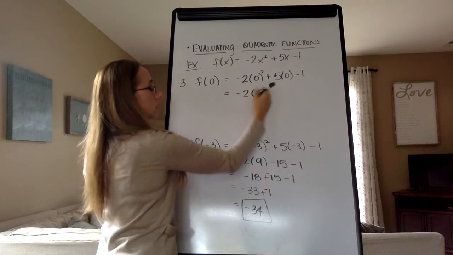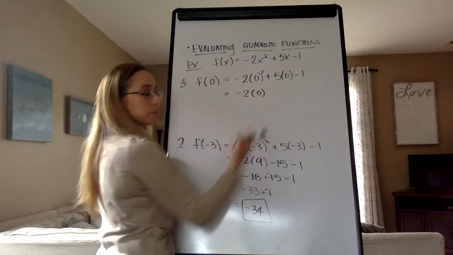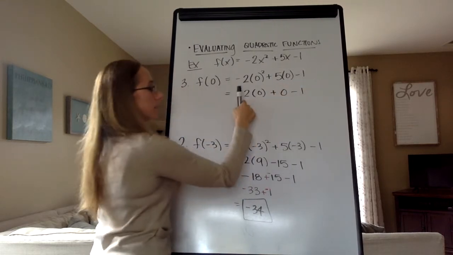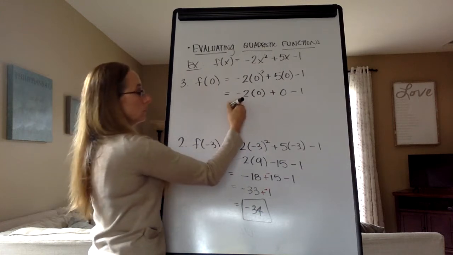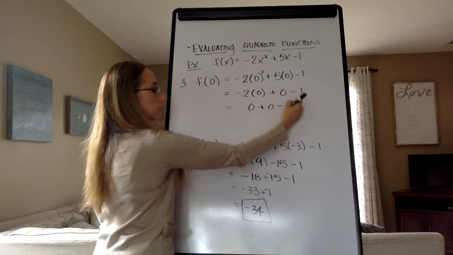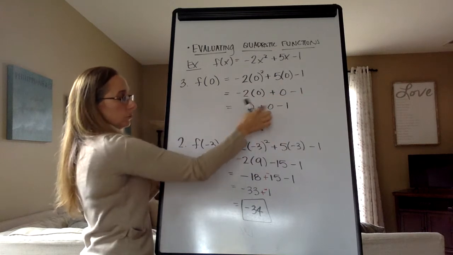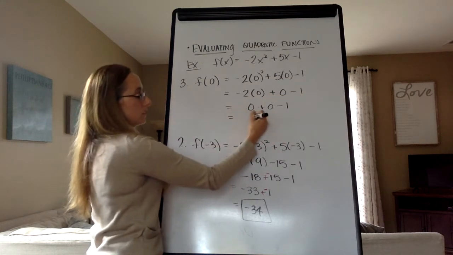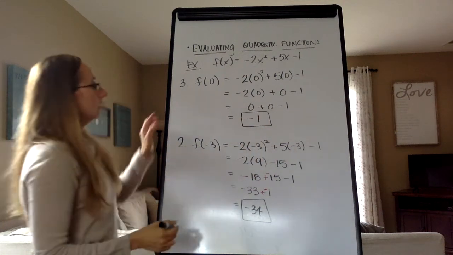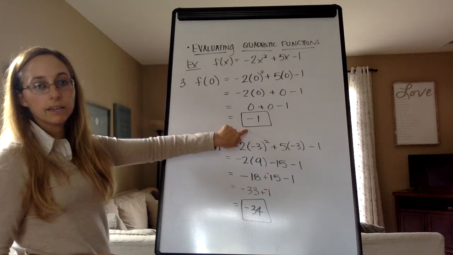So it's negative 2 times 0 plus 5 times 0. 5 times 0 is 0. Minus 1. Negative 2 times 0 is also 0. And then 0 plus 0 minus 1. Bring everything down. 0 plus 0 is still 0, so 0 minus 1 is negative 1. So f of 0 is negative 1.